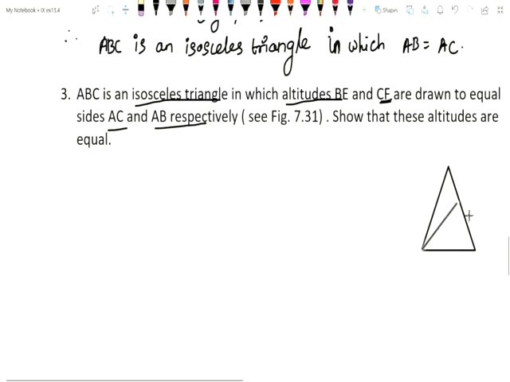This is ABC. ABC is a triangle. BE and CF are altitudes of the triangle. We need to prove both the altitudes are equal. So what is given?